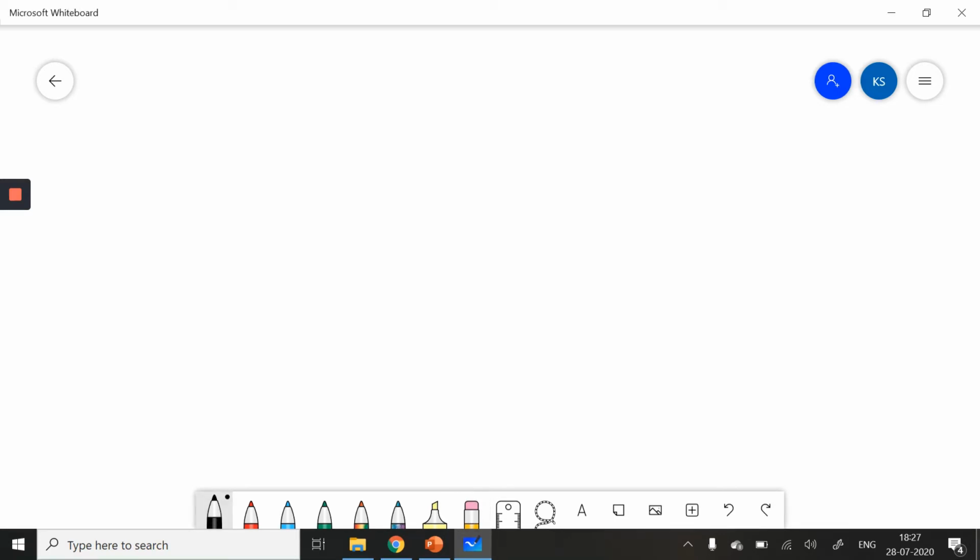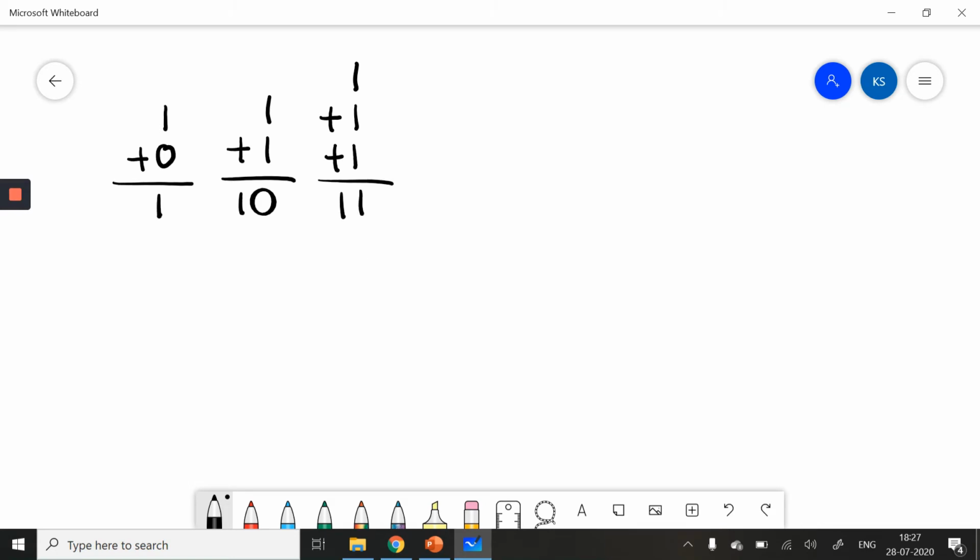Okay, now let's see how to perform arithmetic operations on bits and binary digits. Here I have 1 plus 0, my answer would be 1. Then I have 1 plus 1, my answer would be 10. And if I have 1 plus 1 plus 1, my answer would be 11.